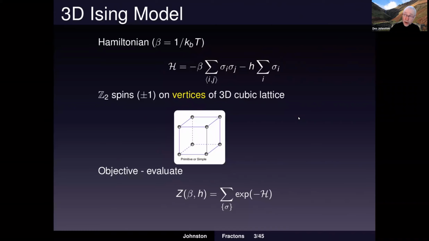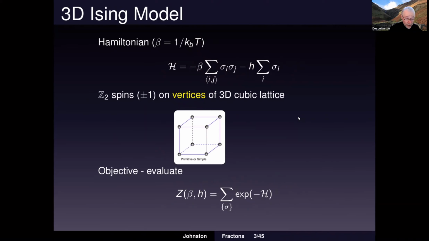There was a smooth crossover between the low temperature and the high temperature behavior. Then Onsager came along later and showed that in the 2-dimensional case, there was a continuous phase transition. So there was a low temperature ordered phase and a high temperature disordered phase, and a phase transition at one particular temperature between these two phases.